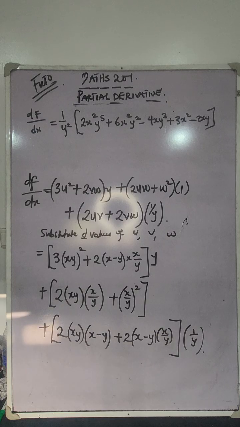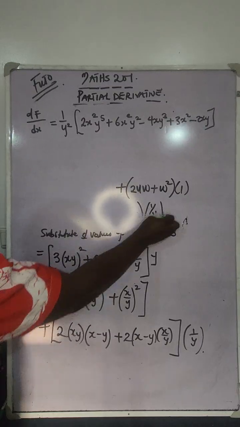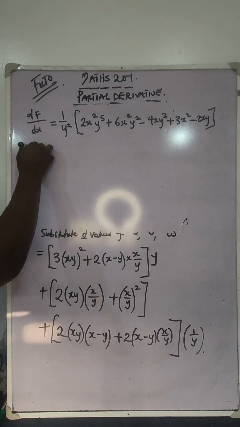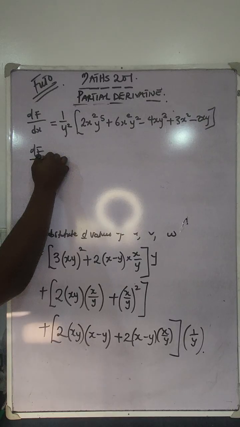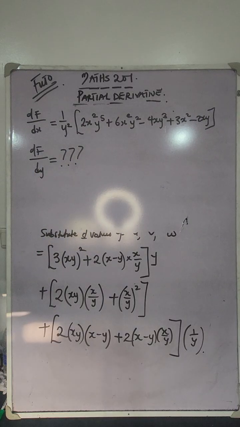It might interest you to find out what df/dy will be. What would df/dy be? You can do that on your own by practicing. Feel free to pause the video and solve df/dy.